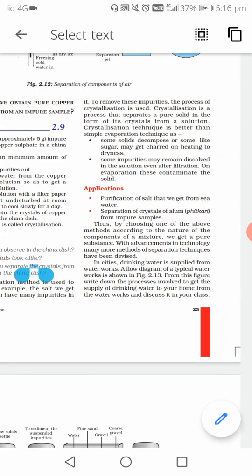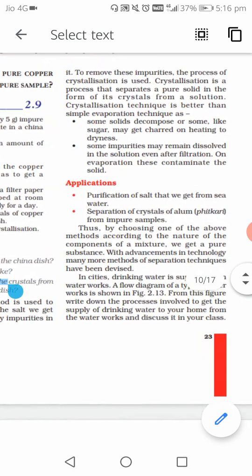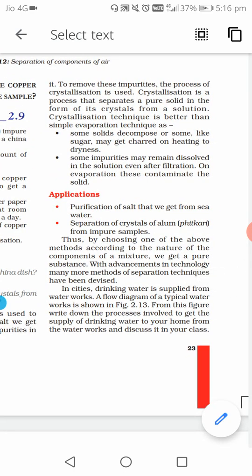Now 2 points are here, and you can see this one: simple evaporation. This line says crystallization technique is better than simple evaporation technique because, first, some solids decompose, or some, like sugar, may get charred on heating to dryness. Just now I told you that it may get burned. So that is why we don't heat the solution till dryness.